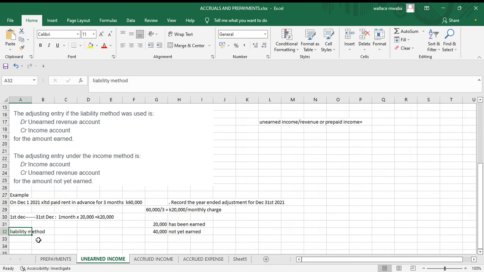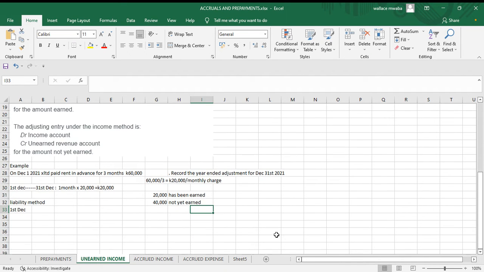We're going to make the journal entry for the 1st of December. This guy has paid the rent, so we're going to debit cash, because we received that money, and cash is an asset. An increase in an asset is debited.